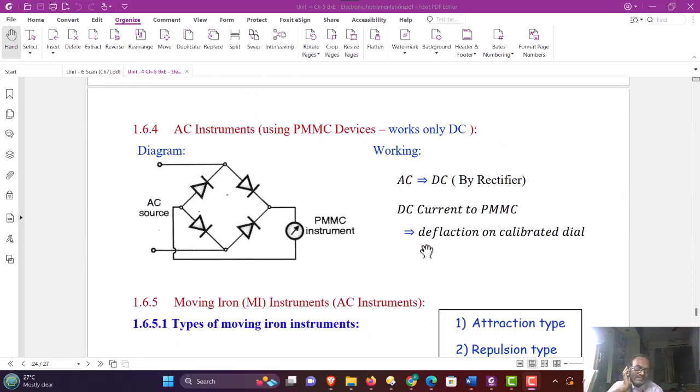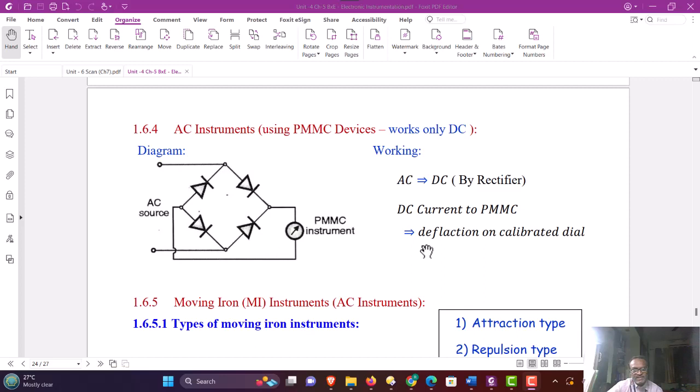Let us see the next device, that is AC instruments. Up till now we have seen the measurement of DC voltage and DC current using PMMC instrument as voltmeter and ammeter. Whereas PMMC instruments can work only with the DC supply. They cannot work with the AC. Because when the current flows in one direction, the force is moving in one direction.